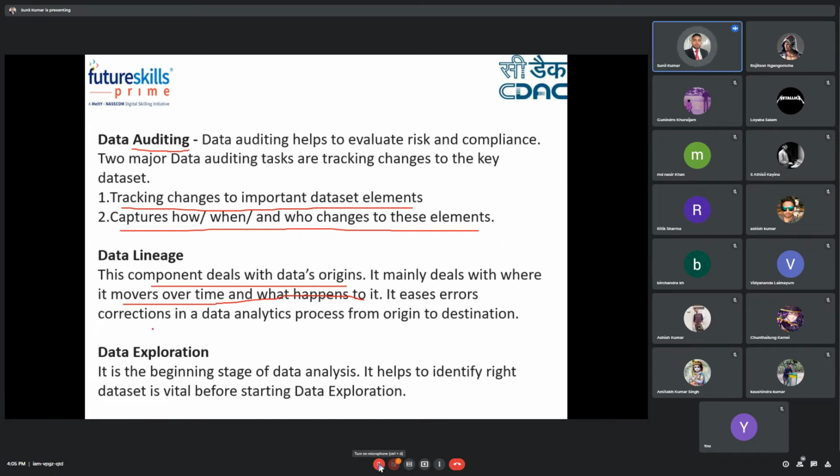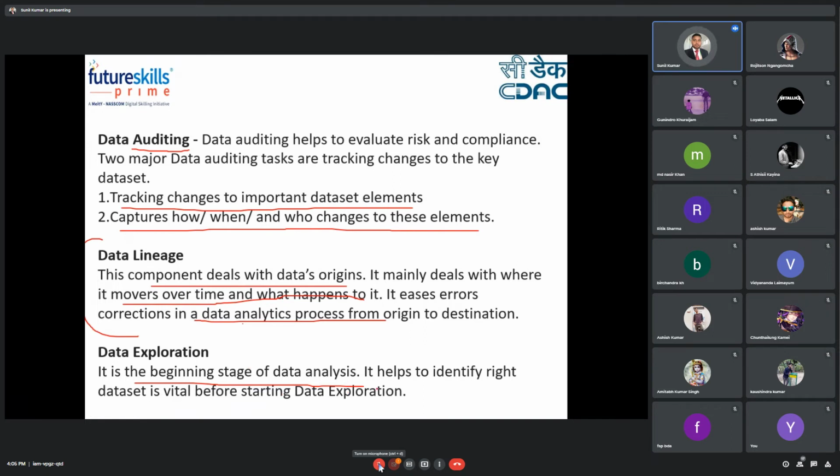If any errors happen, what is the reason, what was the purpose of transferring that data, whether this data has been used for the organization's purpose or for personal purposes, right? Sometimes you can see that the data of a company has been leaked or stolen. So these kinds of activities are checked through the data lineage.